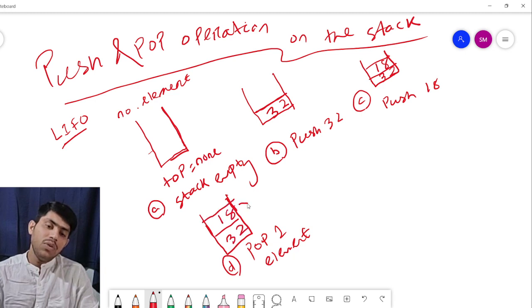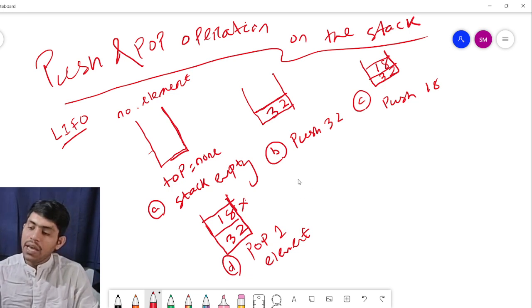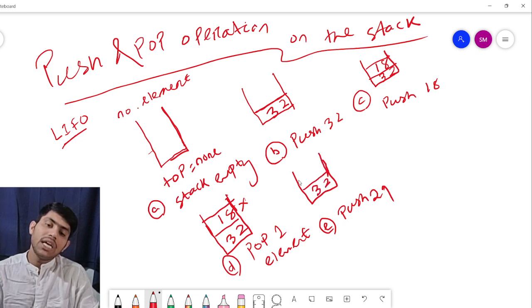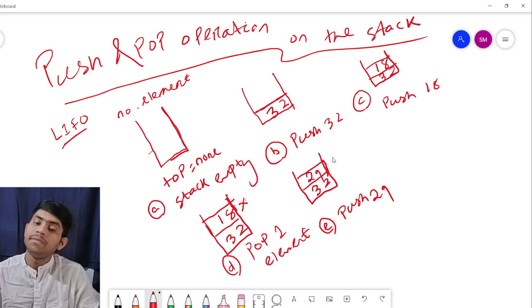So now 18 will be popped out. Then again we'll push 29. Now 32 is already present in the stack. Again at the stack top, 29 will be there.